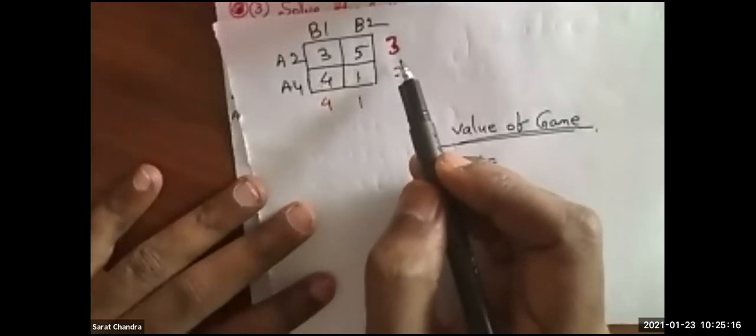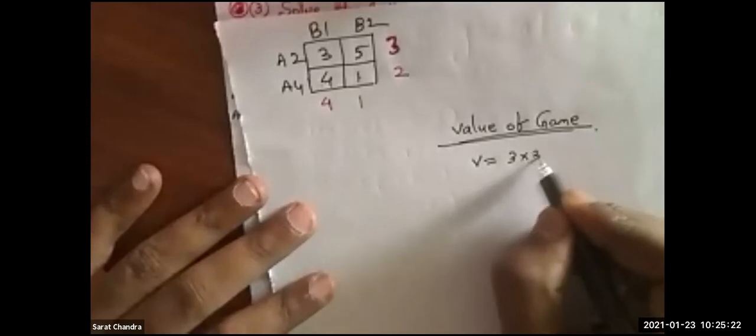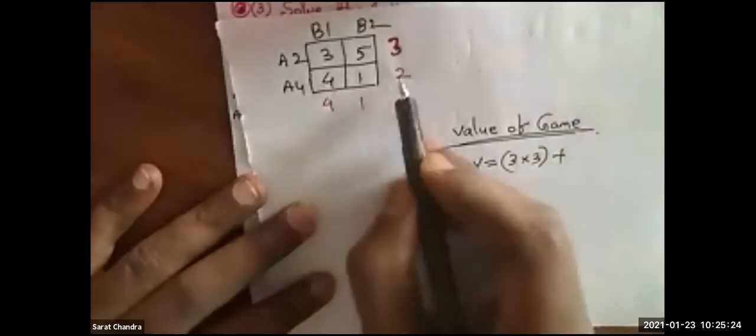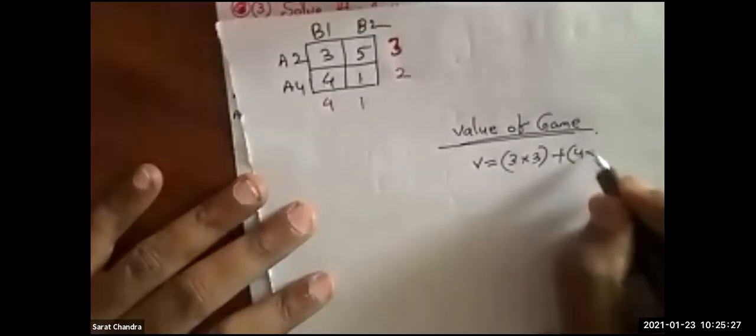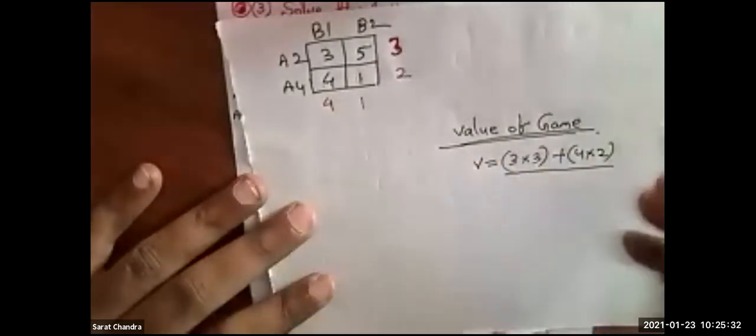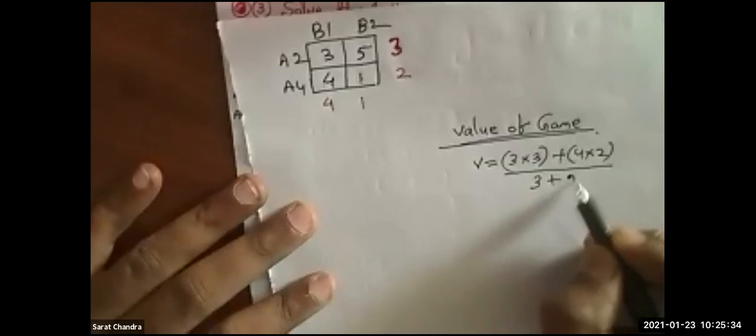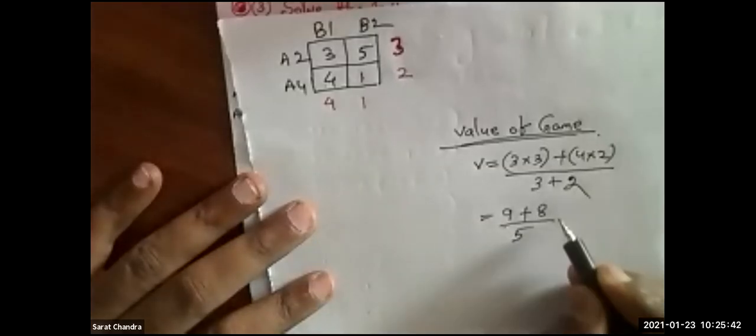These are called oddments. So 3 into 3 plus 4 into 2, divided by the summation of oddments, 3 plus 2. 3 into 3 is 9, plus 4 into 2 is 8, divided by 3 plus 2 is 5. So 9 plus 8 is 17 by 5, which is 3.4. So the value of the game is 3.4.